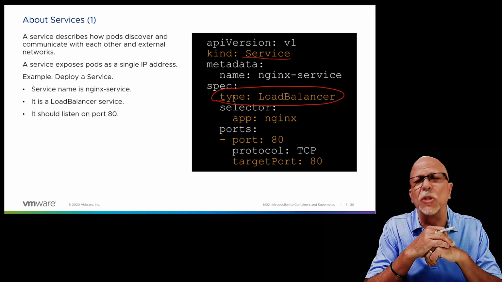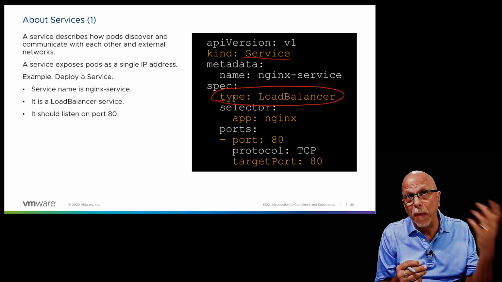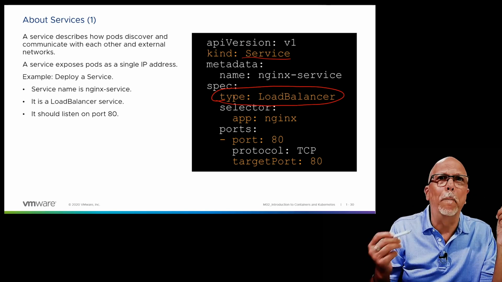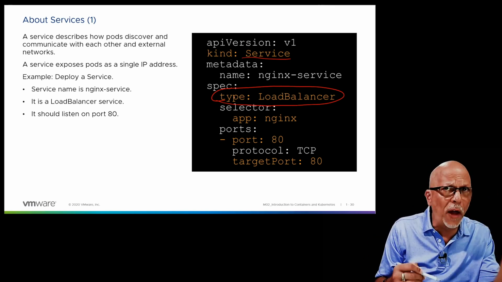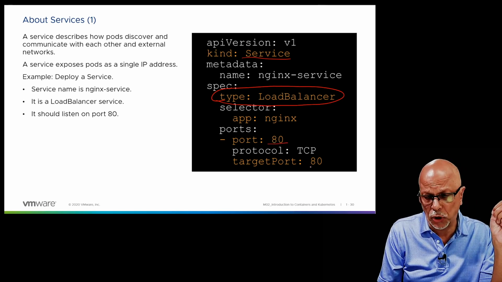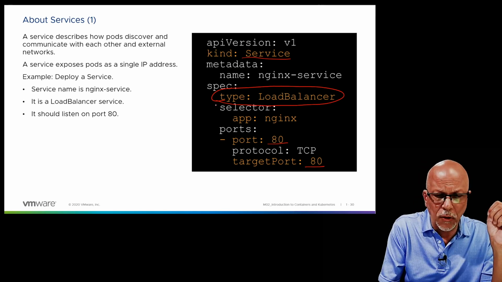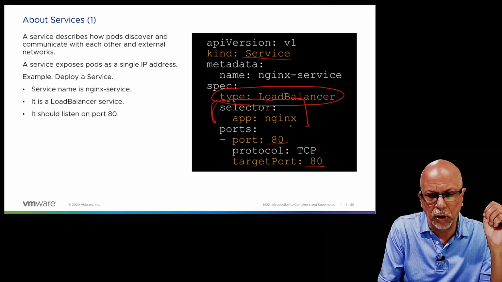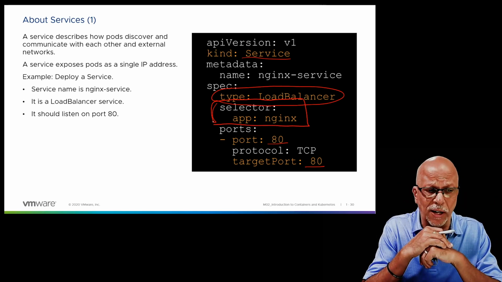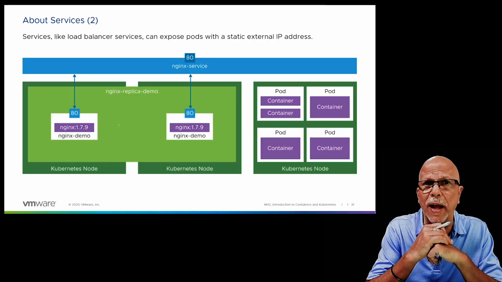What we are saying is that we're going to create a load balancer that's going to be connecting to the back-end pods via a front-end IP address. It's going to be listening on port 80, and it's going to be connecting to the back-end workers on port 80. Those workers are selected here via the selector key inside the manifest file.